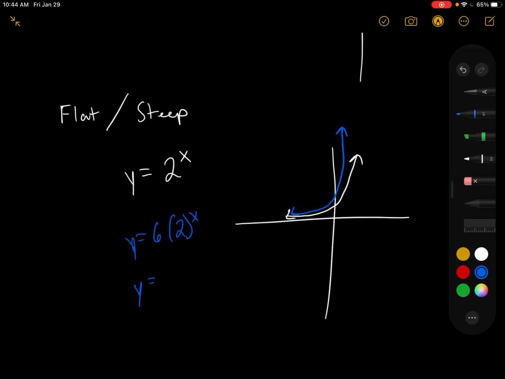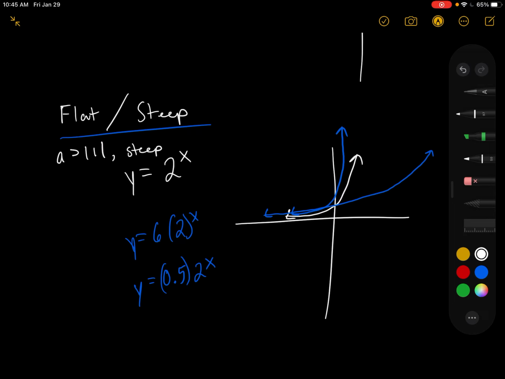But if you add something that, again, is less than that, so maybe like 0.5 times 2 to the x, it would just become flatter. It's still that exponential shape, but it becomes flatter. So the rules for this one, if we have a value in front of the base that the absolute value is greater than 1, so let's say that a value in front is greater than the absolute value of 1, it gets more steep.